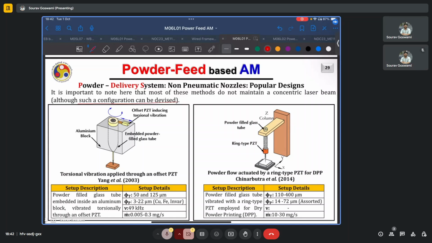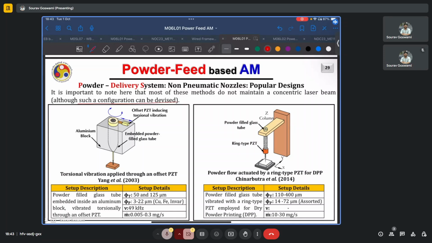For the powder flow actuated by a ring type piezoelectric, in this case you have, rather than a simple, say, prismatic piezoelectric, now this is in the shape of a ring, which is giving some torsional vibration to the powder ring. Here the tube diameter is between 110 to 400 micrometer, so it is around 4 times larger than the previous case.